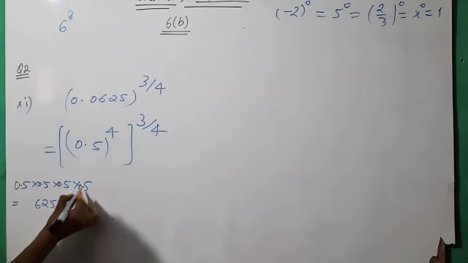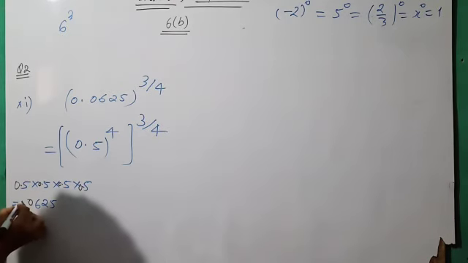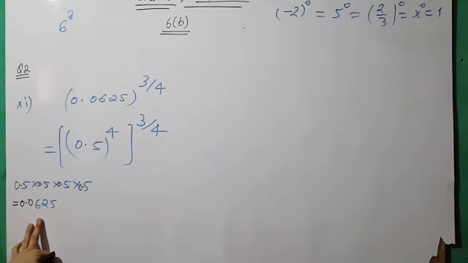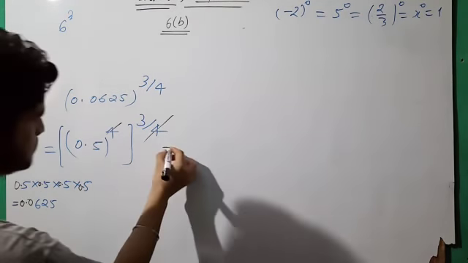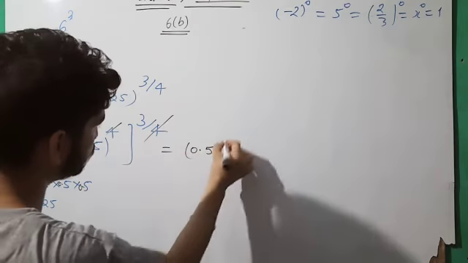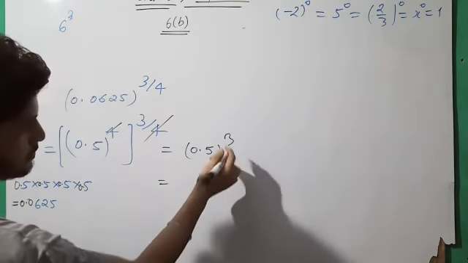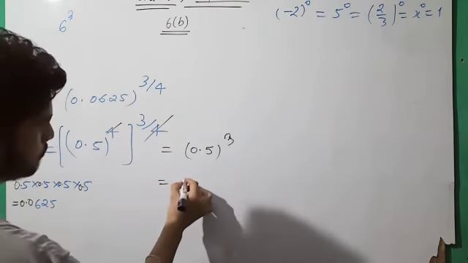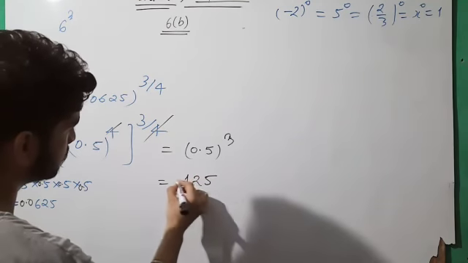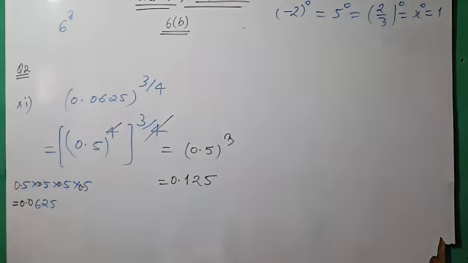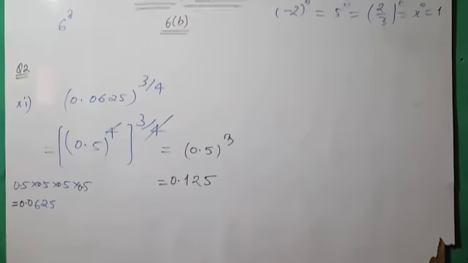So the answer is 625, but we have decimals also, so like this, 0.0625. Cancel the 4 with 0.5 to the power 3, so we have 5 5s are 25, and 25 into 5 is 125, so 0.125. Okay, so the answer is this.